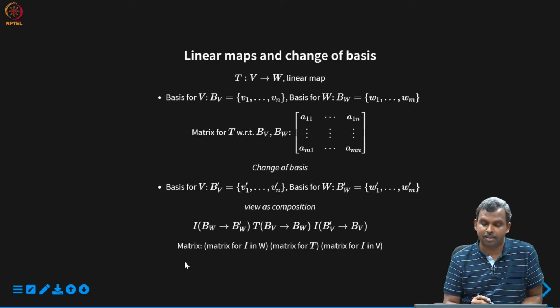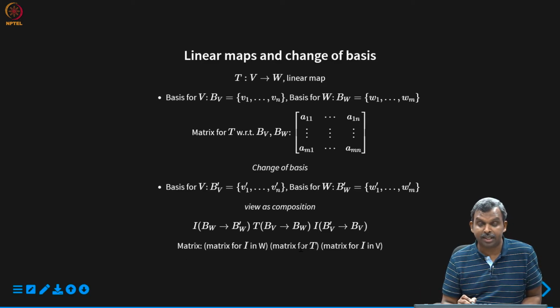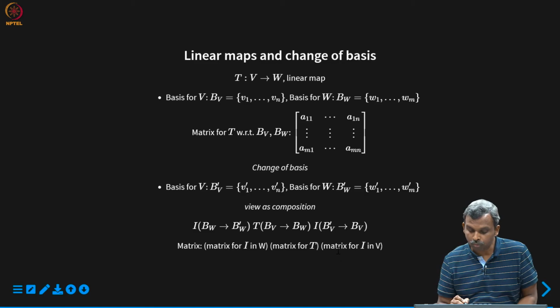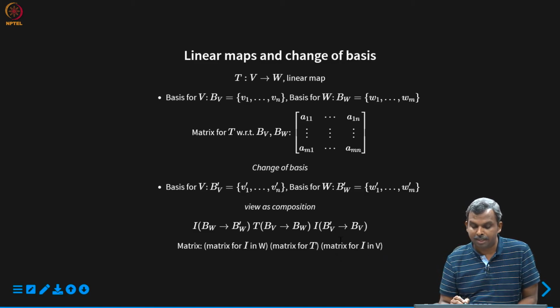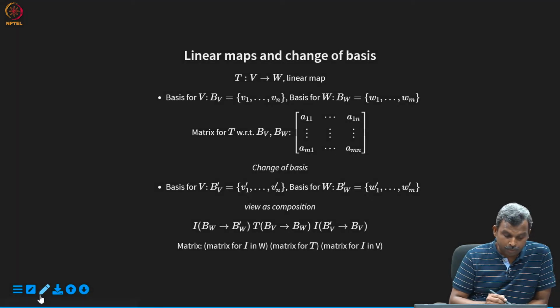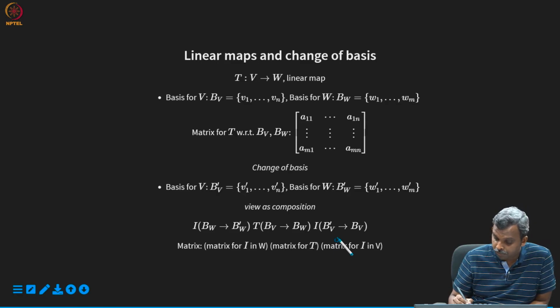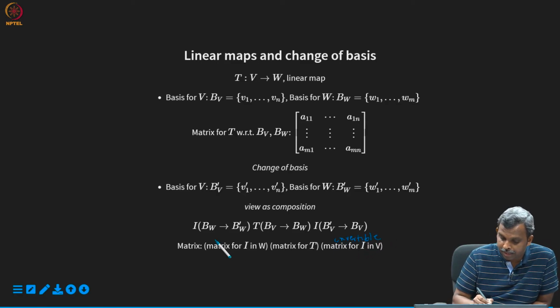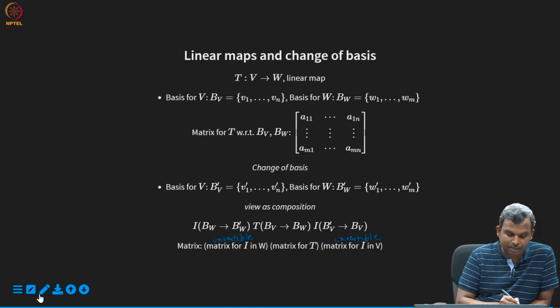So in terms of matrices, I have the matrix for T sitting in the middle. To its right, I'll have the matrix for the identity map in V, basis B prime V to BV. And then on the left, I will again have a matrix for the identity map in W, which will be from BW to B prime W. Remember, both of these will be invertible, because each represents the identity map, just that the bases are different.